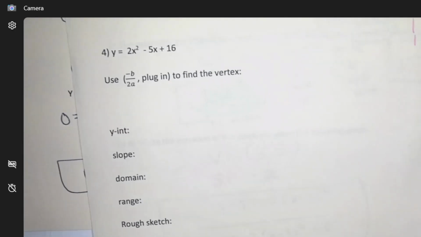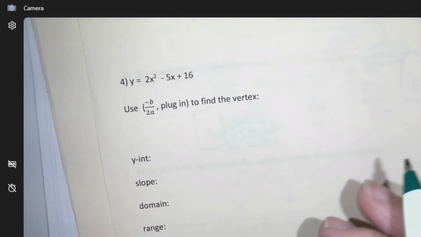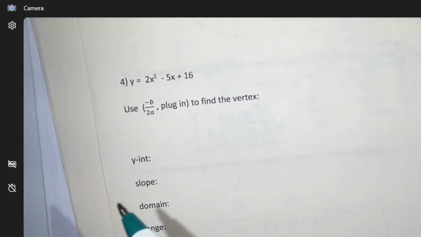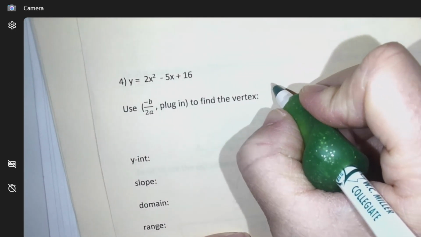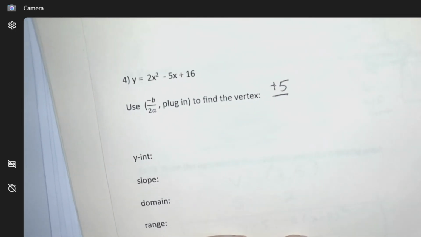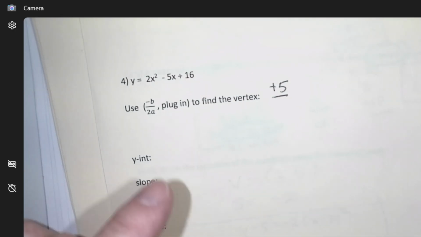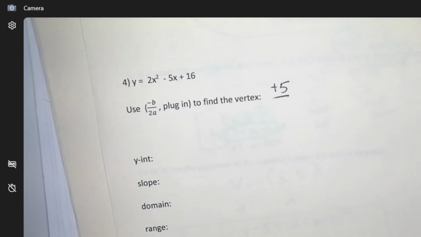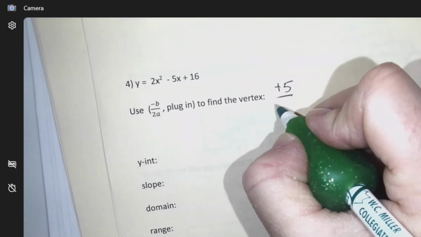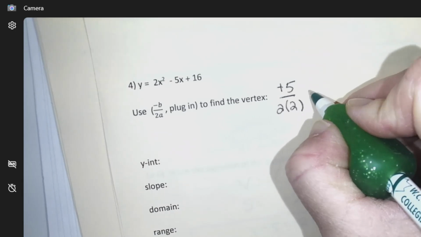Okay, and we got one more like this. So -b over 2a is this method. So -b, so that's going to be a +5. So when I say -b, you're really actually thinking about it opposite b over 2 times a.